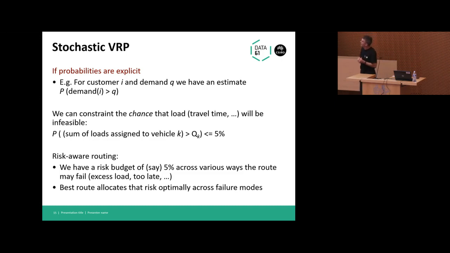So it could be that the probability of a load excess is quite small. So if I distribute my load a bit better, I can save a lot of distance. And so I might allocate a lot of that risk into the load part of the PDF, and then just take a 1% risk on meeting time windows.